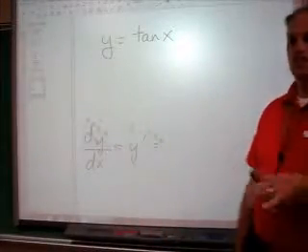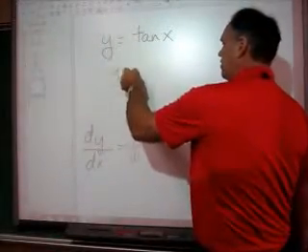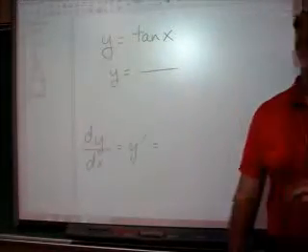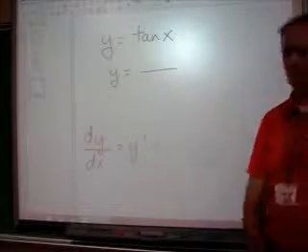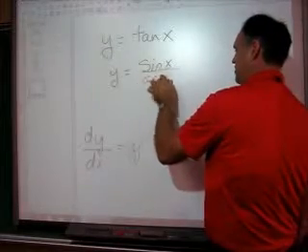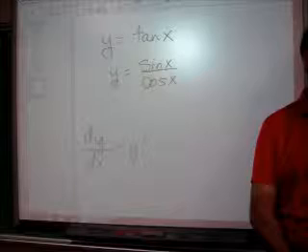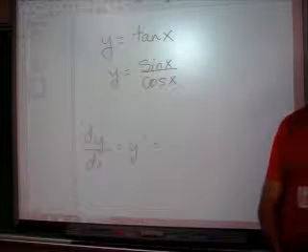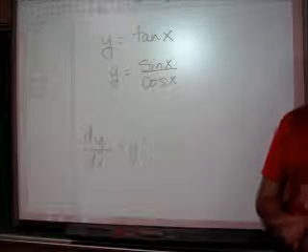The reason that I saved the tangent function until now is from our trigonometry, we remember the tangent is the quotient of what? Two trig functions. All that time last year was worth it. Okay, what's our first step?